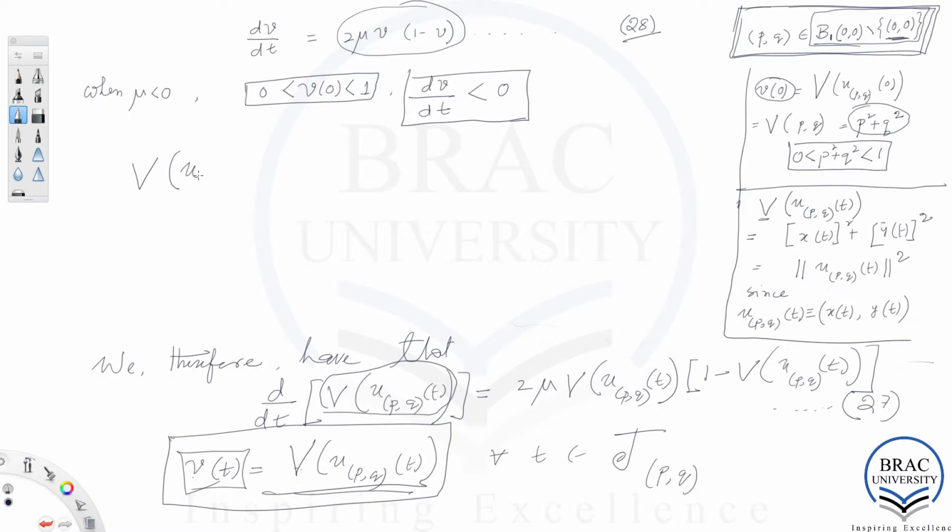Big V of u sub p comma q at t is equal to the square of the norm of u sub p comma q at t, and it decreases with increasing time. Okay, good.